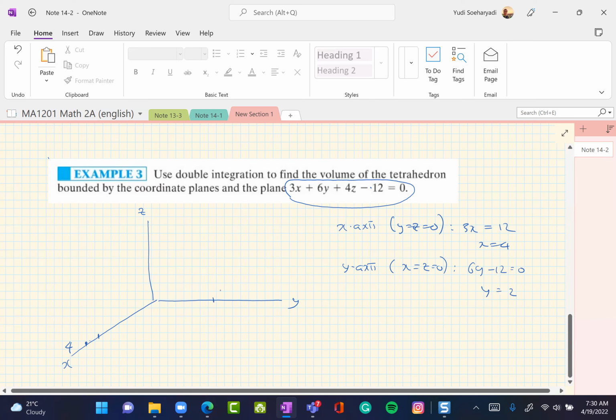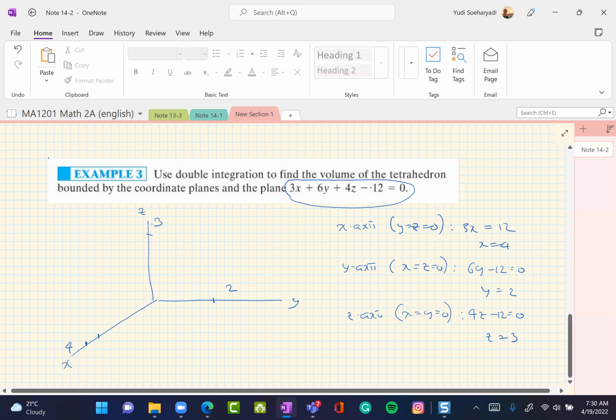And on the z-axis, you see that x and y equal 0, so we get the z intercept.